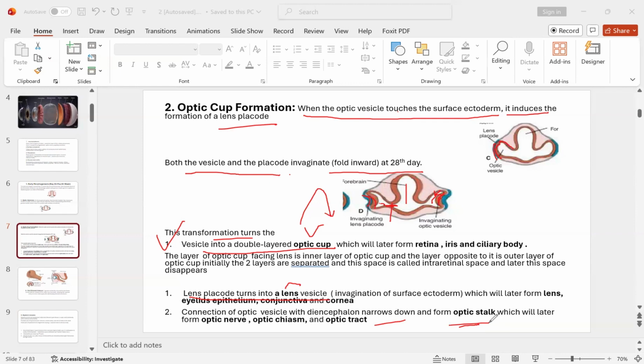The optic cup will form retina, iris and ciliary body. The lens vesicle will form lens, conjunctiva, cornea and eyelids epithelium. And the optic stalk will form optic nerve, optic chiasm and optic tract.